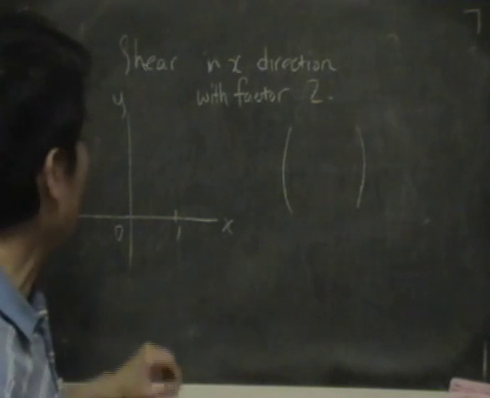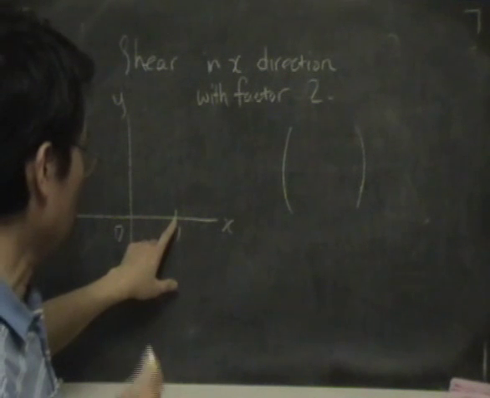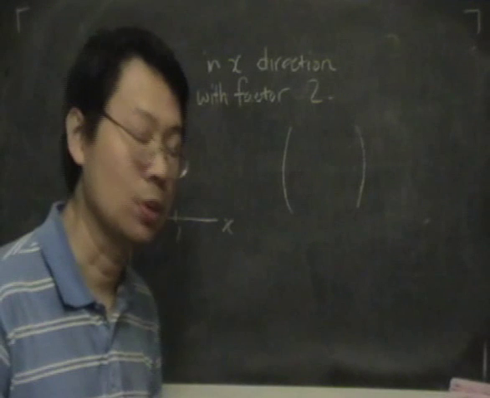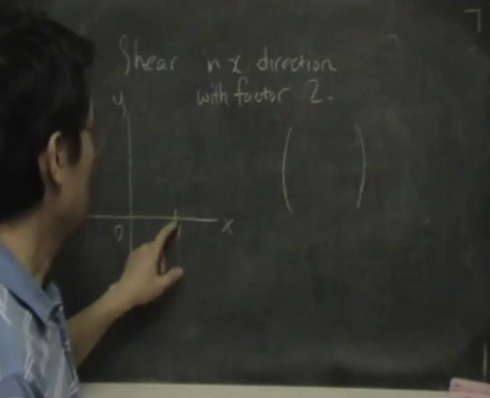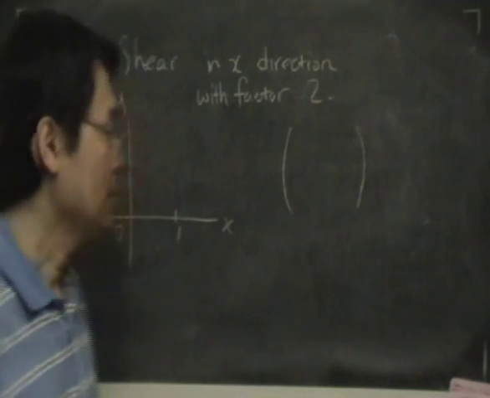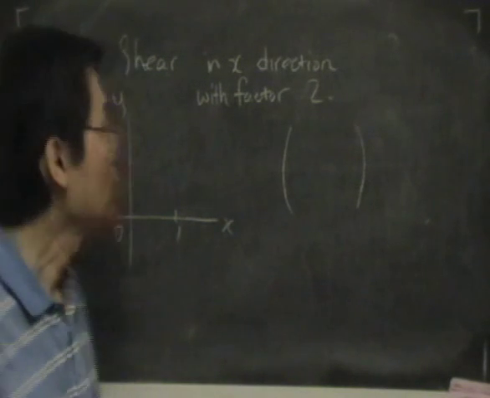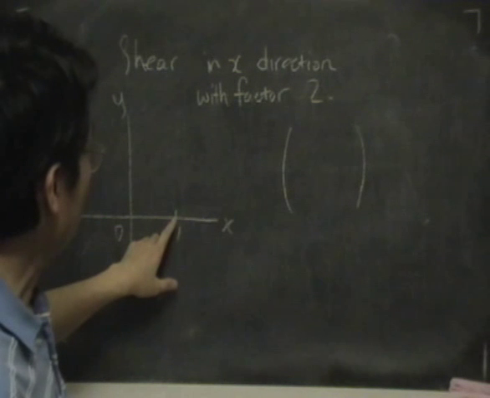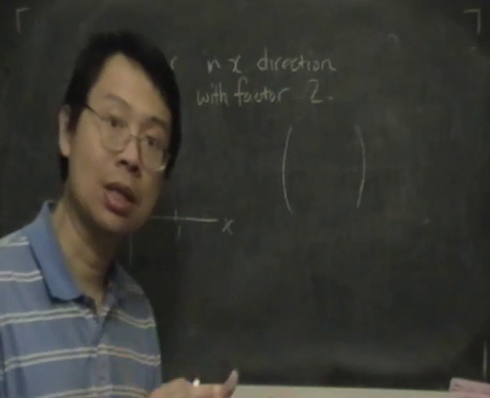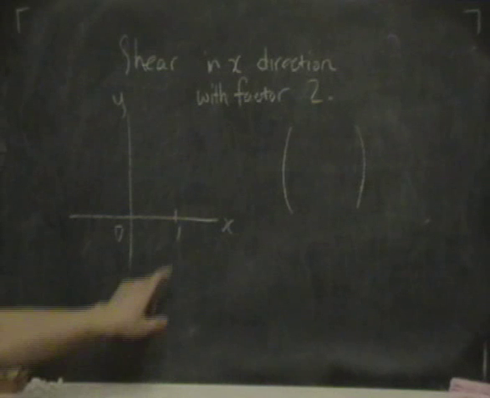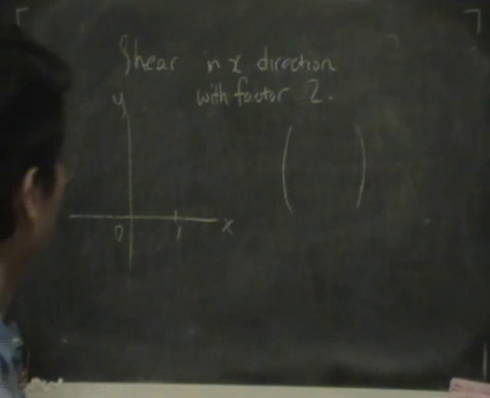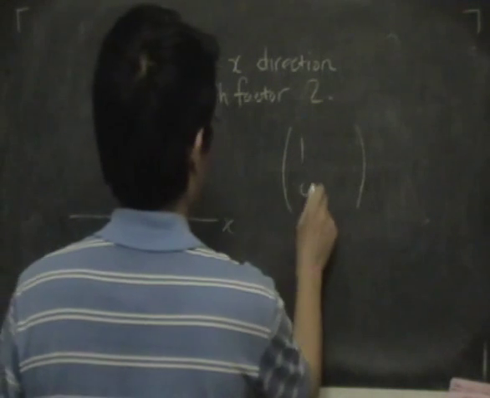Which also means that if you have a point on the x-axis, which is at 0 distance from the x-axis, that point doesn't move. If you do a shear in the x direction, any point on the x-axis stays. So the image of this point 1 is just the same point, (1, 0).